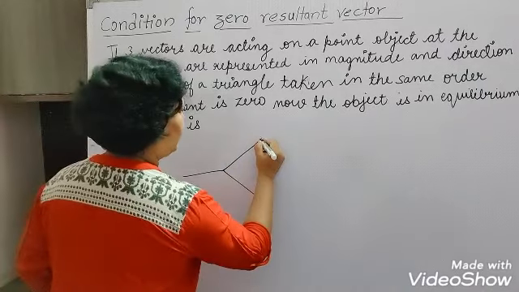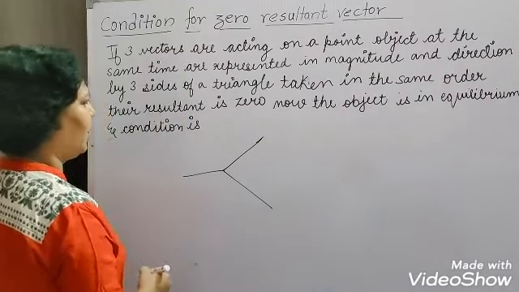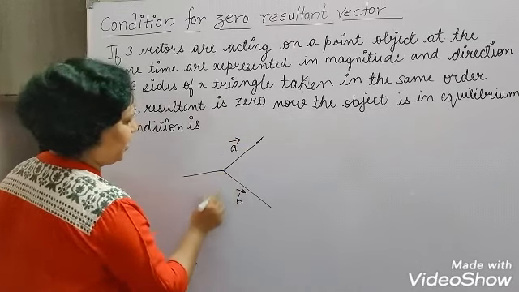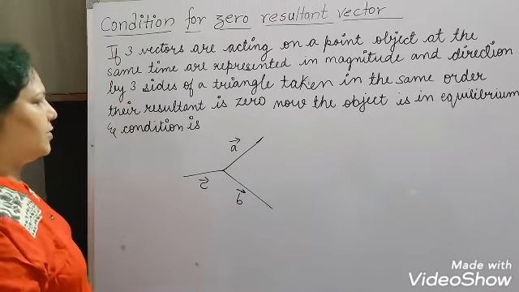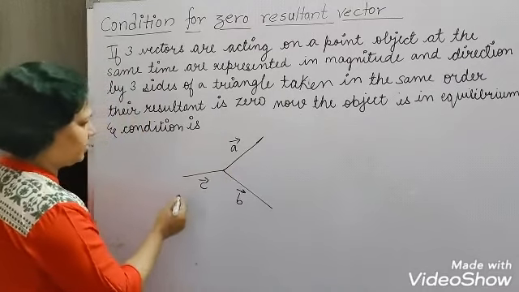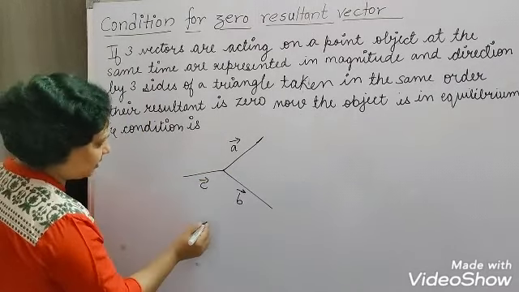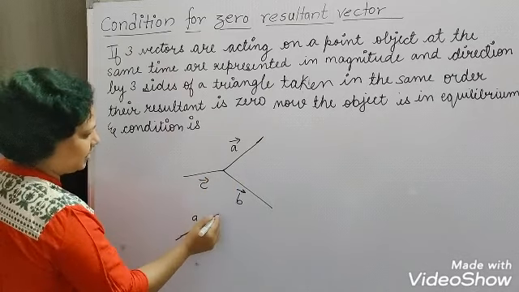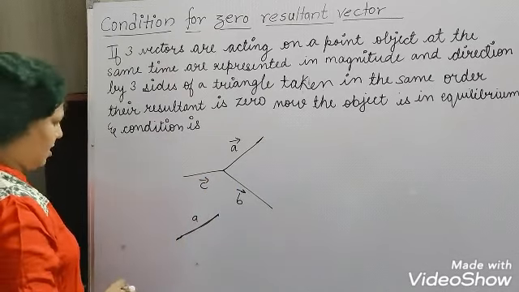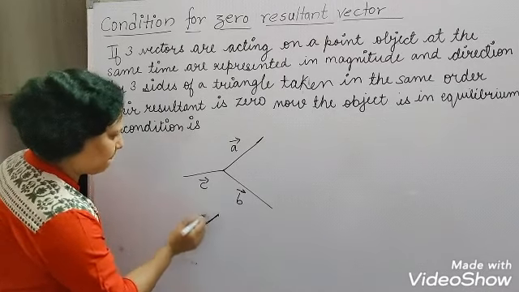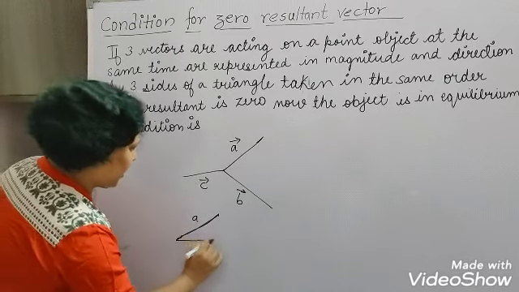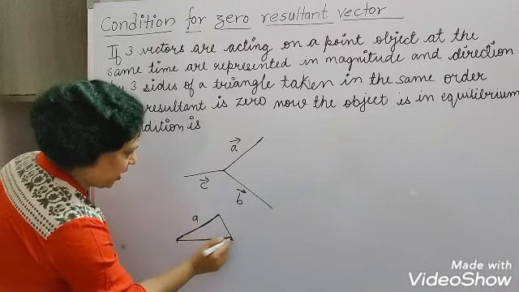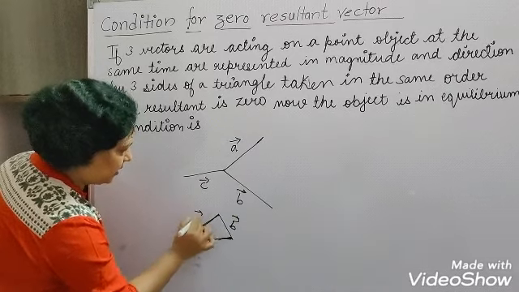For example, you can see here, suppose this is vector A, this is vector B, and this is vector C. We can represent this in such a manner that this vector is A, with the same length and the same direction, and this is vector C, and this one is vector B.